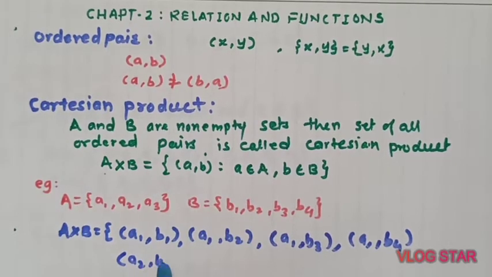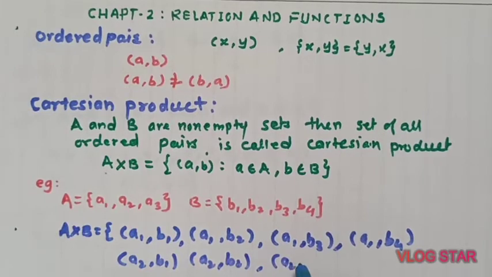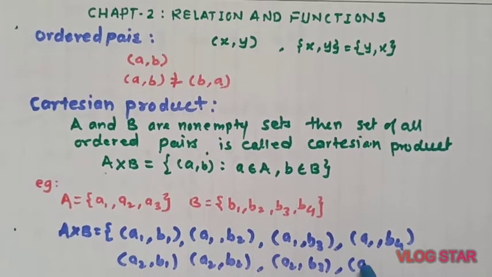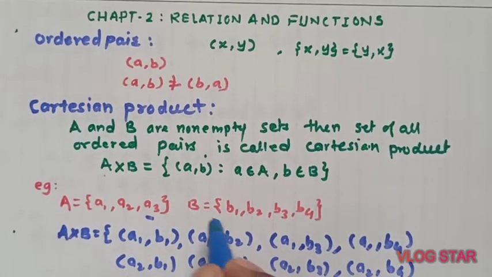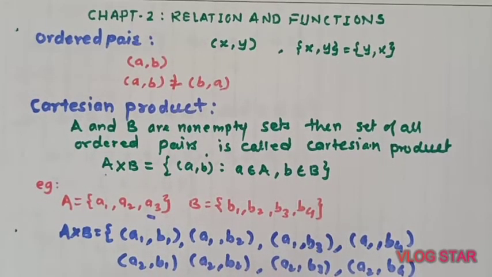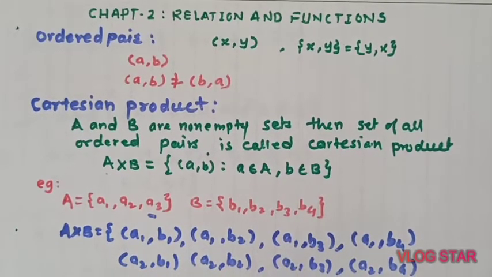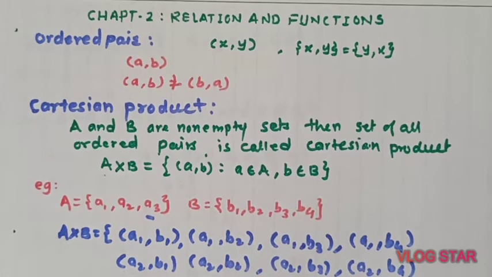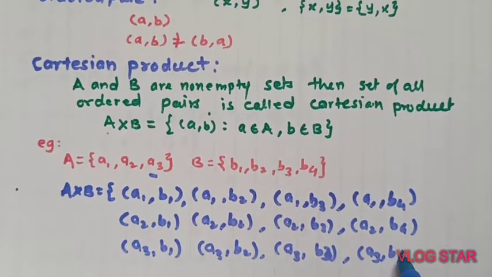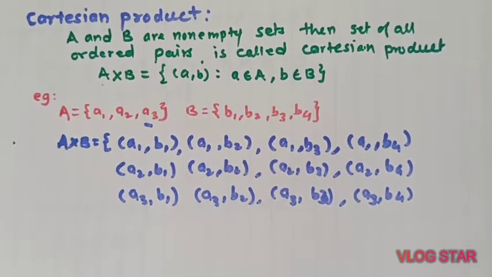Then A2, B1, A2, B2, A2, B3, A2, B4 and the last one A3 with all, A3, B1, A3, B2, A3, B3, A3, B4. So this is how we got the Cartesian product.